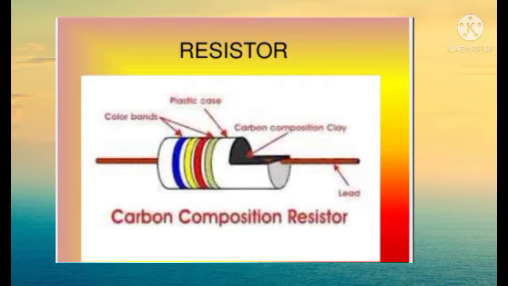It has color bands, a plastic case, carbon composition clay and the leads. So this is the total construction of a carbon composition resistor. There are different color bands printed on the resistor, and by using these bands we can measure the value of the resistor.